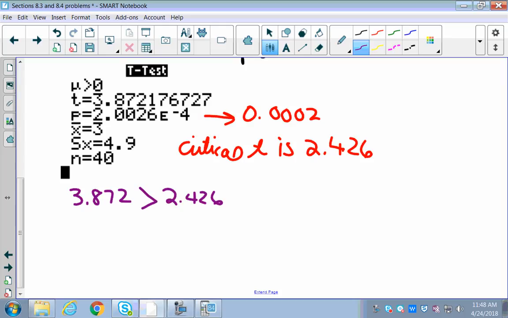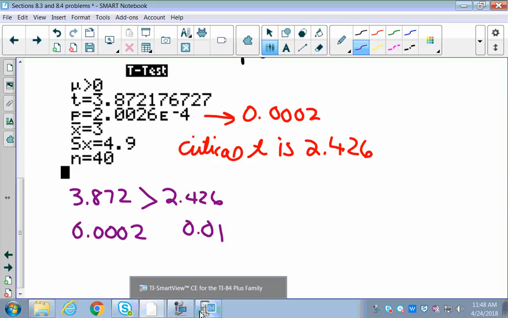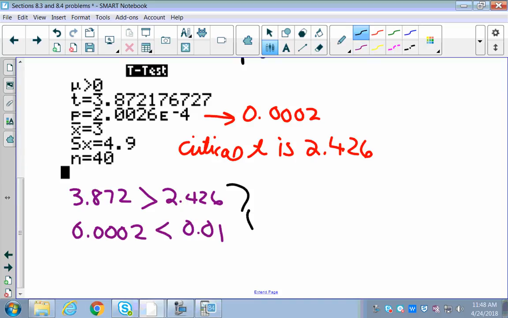And then when I talk about my p-value is 0.0002, and I'm going to compare that to this alpha significance level of 0.01, and of course this is much less. So both of those tell me to reject the null hypothesis.